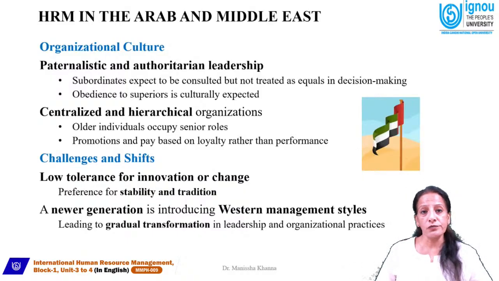Obedience to supervisors or superiors is by default culturally expected from the lower-level employees, or the subordinates. The organizations are centralized and hierarchical, where individuals occupy senior roles, and promotions and pay are based on loyalty rather than on performance.